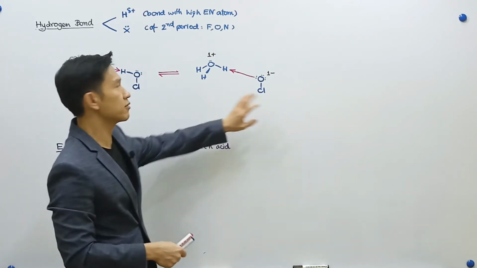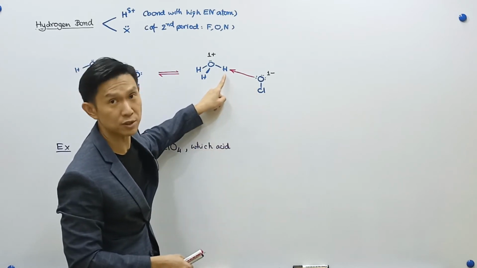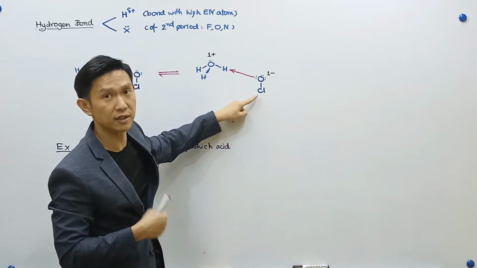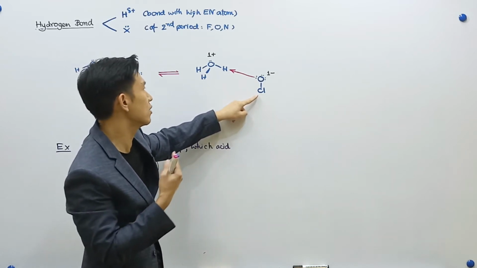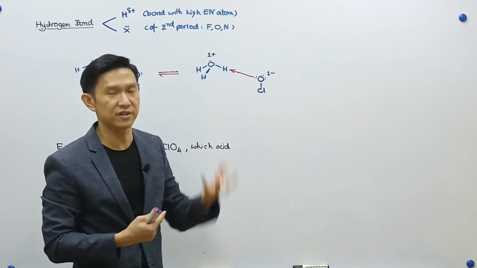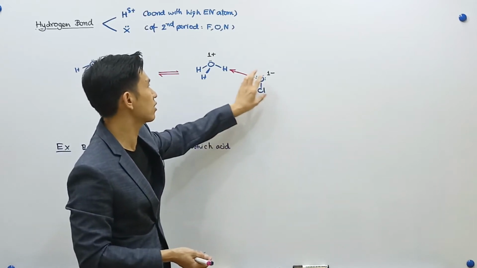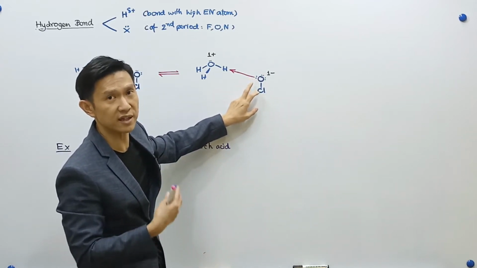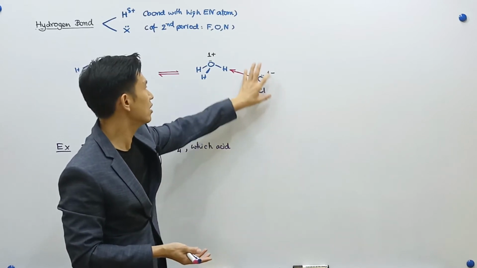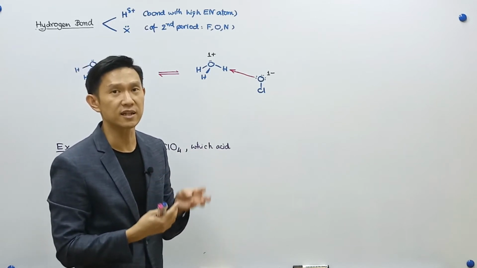Again, from the right-hand side, the negative charge of oxygen interacts with the H plus over here. But if you have Cl instead of H, for hydroxide you have hypochlorite. Cl has higher electronegativity compared with the hydrogen atom. So the electron cloud on oxygen is not as dense as in hydroxide, because Cl can pull electrons from oxygen a little bit.